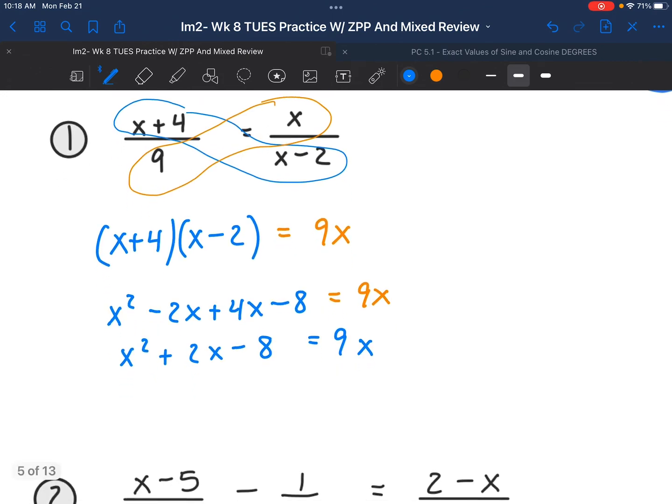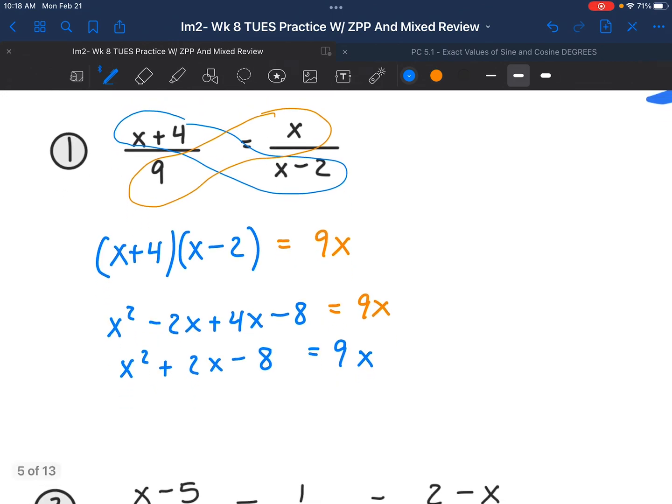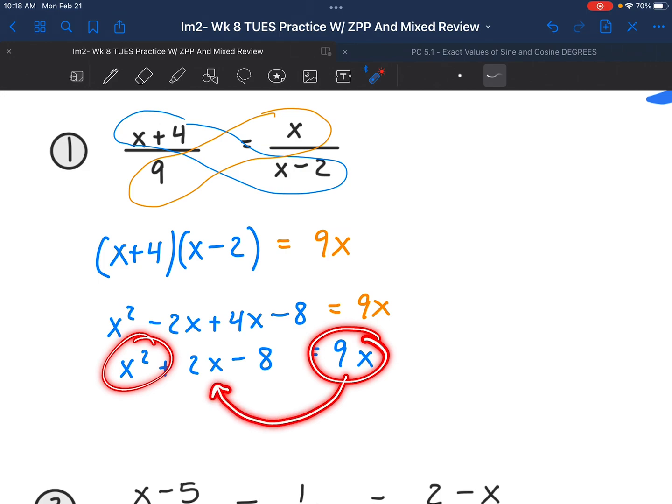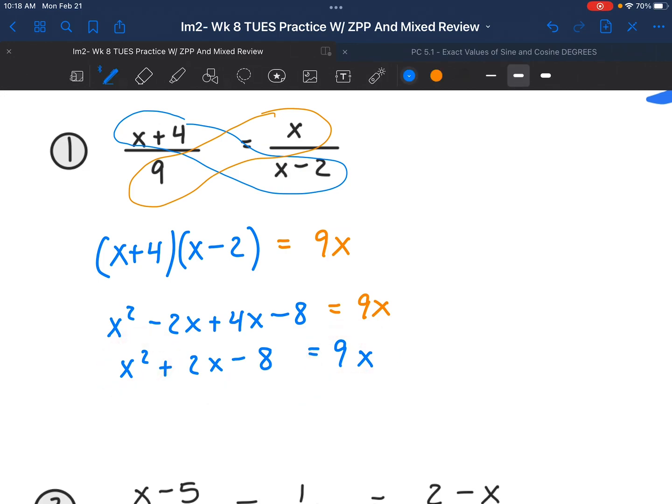Okay, so at this point, remember, once you recognize you have a quadratic, you need 0 on one side to apply the zero product property. So since I have my x squared term is positive here, I'm just going to move this 9x over here by subtracting. Okay, so I'm going to minus 9x, minus 9x.